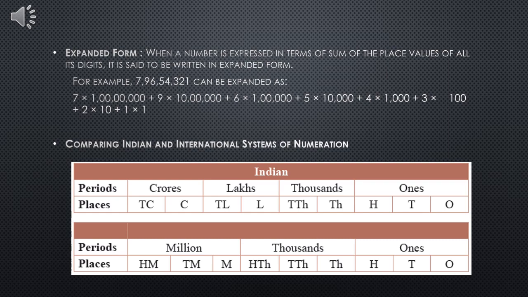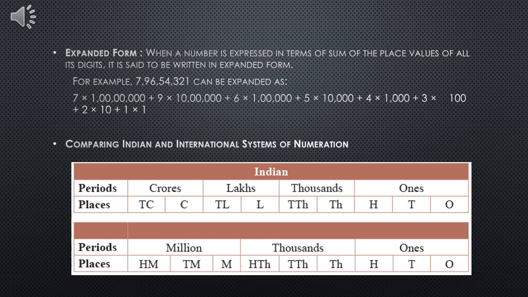Now here again you can see a table in Indian system and international system. Same periods are shown here: ones period, thousand period, lakh period and crore period. In ones period, you have ones, tens, and hundred. After this, you have to put a comma.